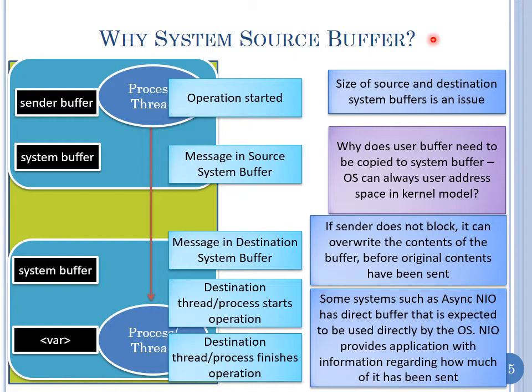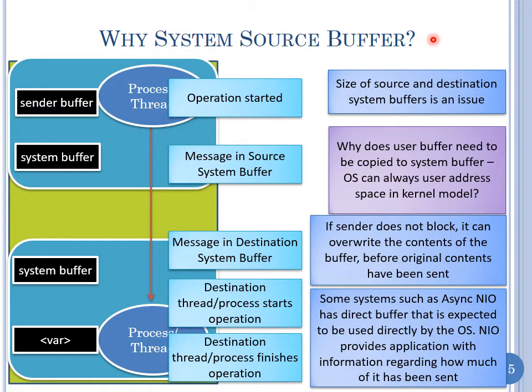Okay, and when we look at NIO, it basically asks the system to allocate a buffer for it directly, and it writes to that buffer, and it is not supposed to override that buffer until that buffer has been used.